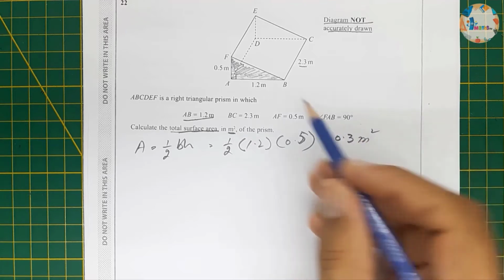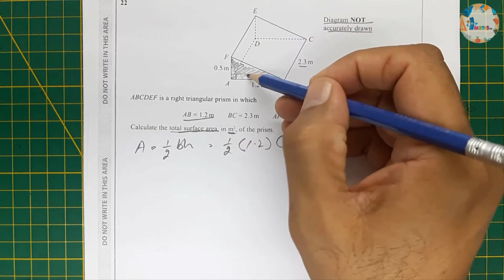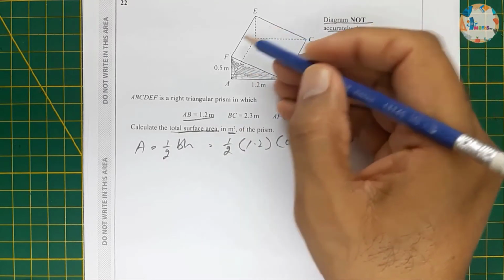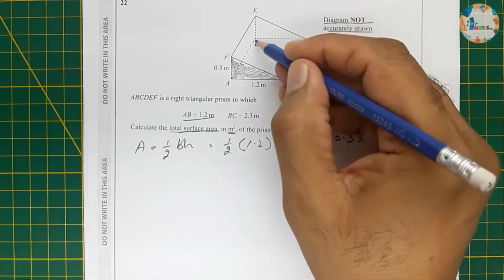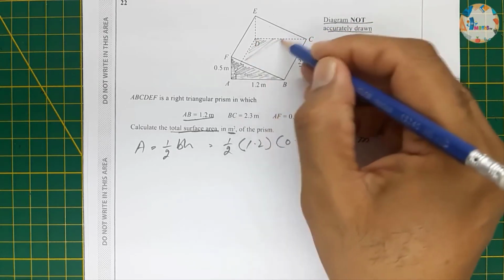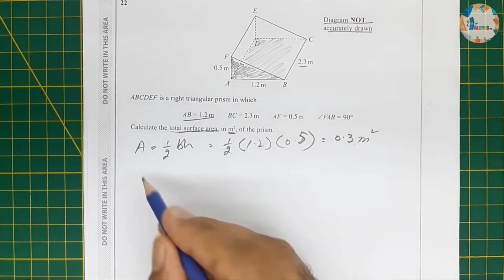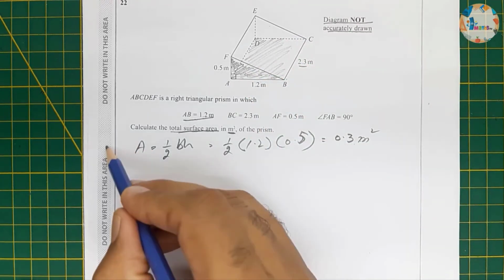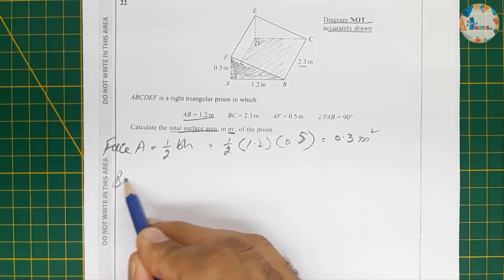Now this will be multiplied by 2 because this area and this area, and we need the area of the base. The area of the base will be this one down here, which is 2.3 into 1.2. So this is a face area, we can write here face area, and then a base area.